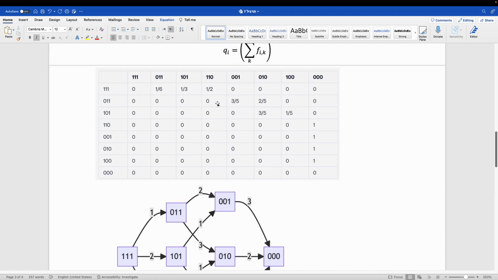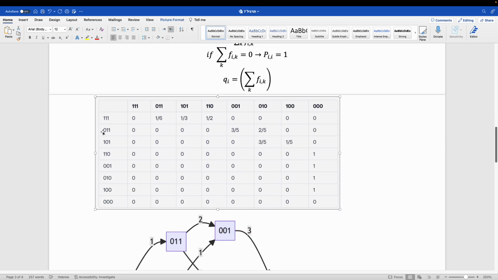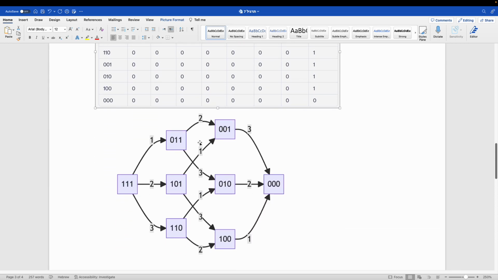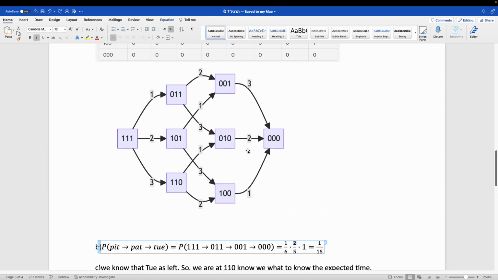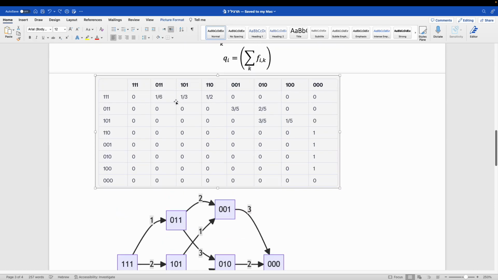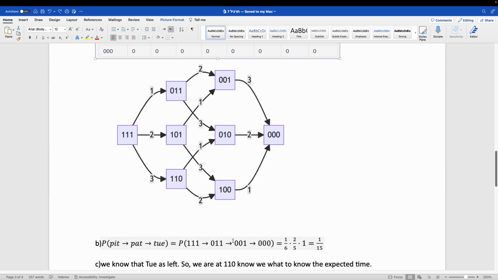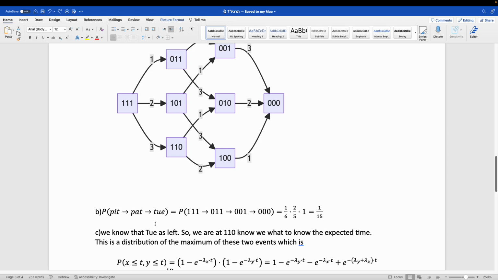So maybe I wrote this table incorrectly, but to go from this to here, we will need 2 divided by 5, which was the actual correct answer all before. So maybe I just made some mistakes in this table. So we'll look at this section anyway.